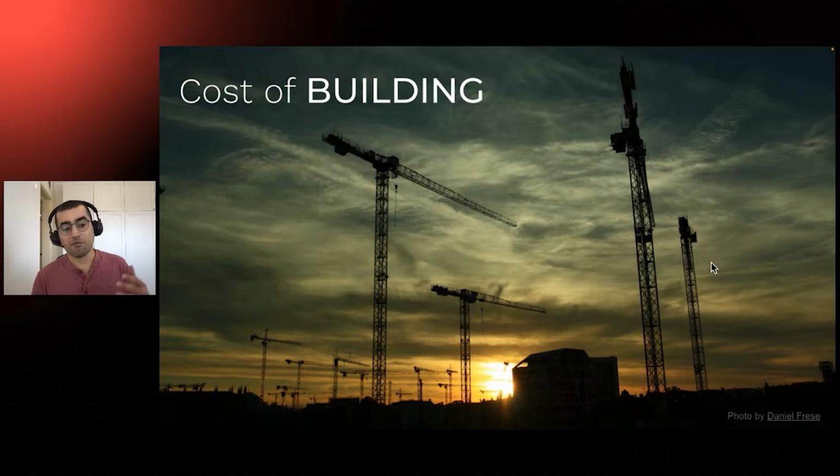And when we fail to predict the future, the cost of building this code, of building this feature, is wasted when we don't actually need it in the future. So this is the first kind of price that we pay when we build things too early, and this is very trivial, right?